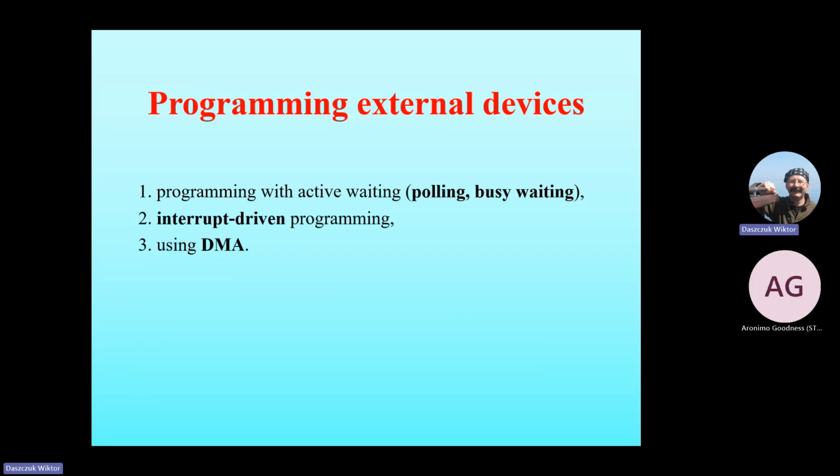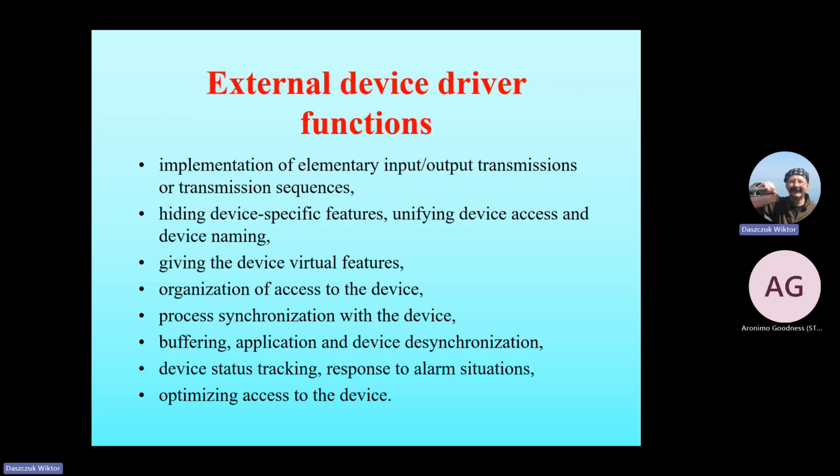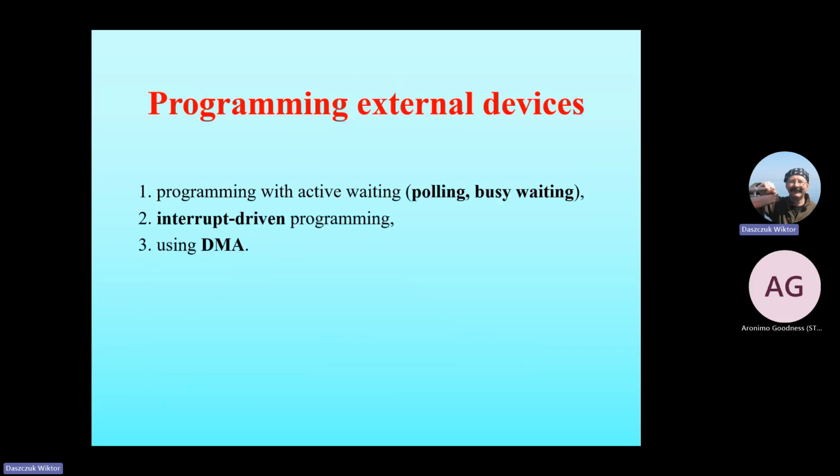When we talk about tracking what happens to the device, device status tracking, it is not only on the basis of interrupts. Sometimes the operating system tests the device from time to time, asks about some properties actively. And this is the way of operating in polling mode.